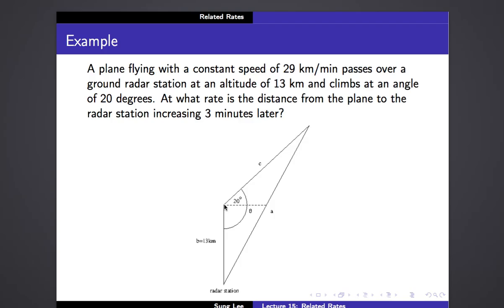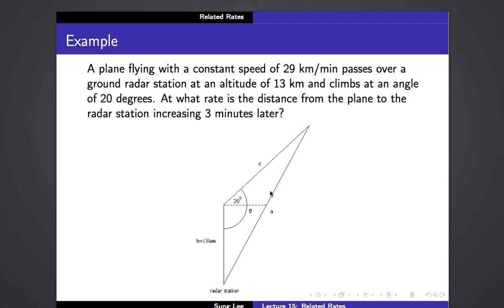The airplane passes over and then climbs at an angle of 20 degrees, and then flies away.